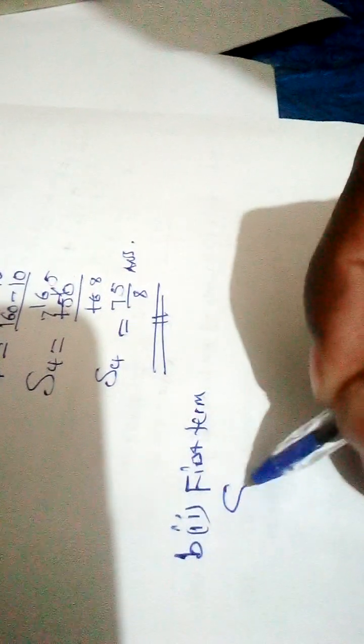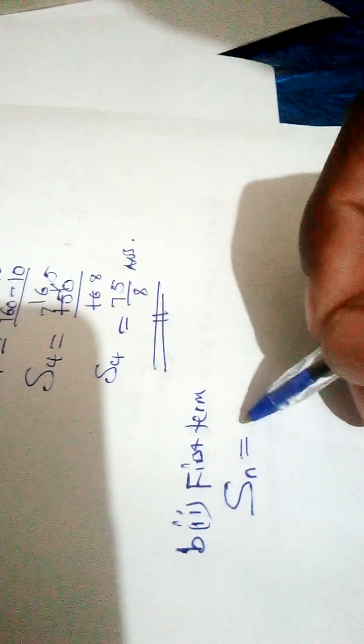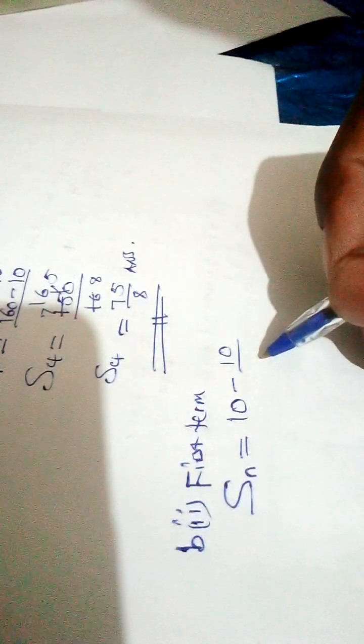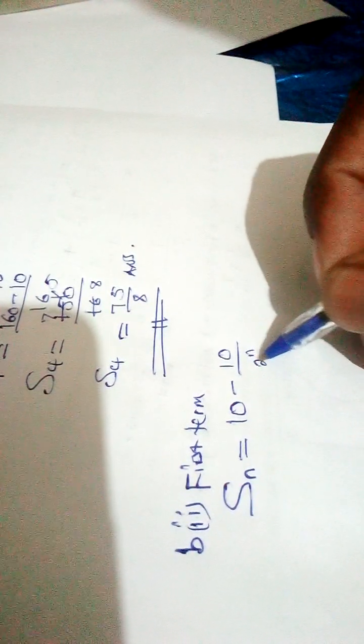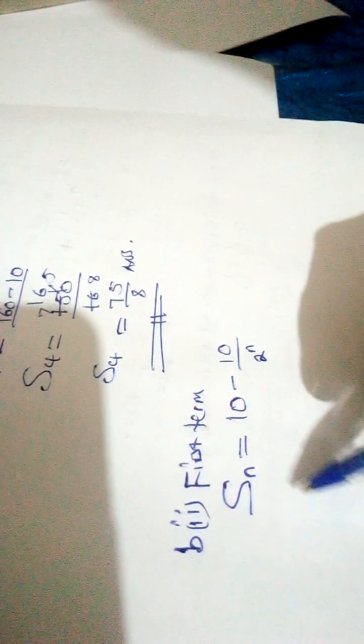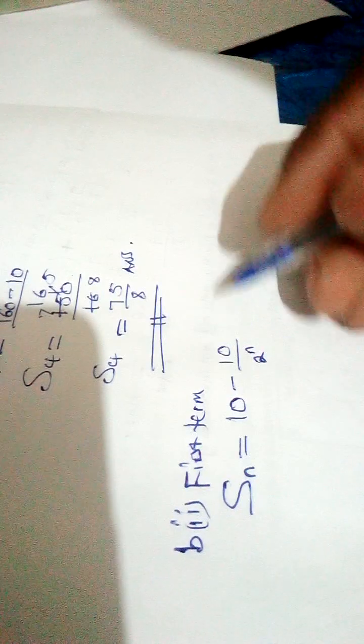Very easy. You just use the same formula given, S sub n, which gives us 10 minus 10 over 2 to the power n. This is the formula that I've been given. Now take note, what you're finding here is the first term A. That's what you're finding.